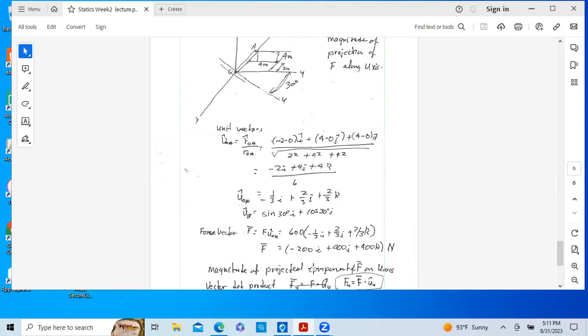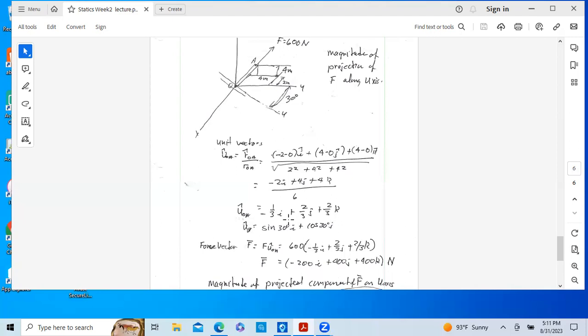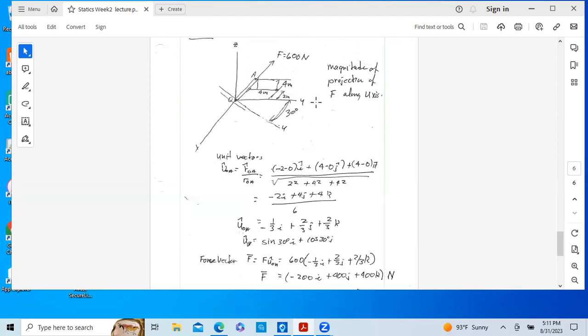So the force vector is the magnitude of the force vector times the unit vector, which we have up here. And the magnitude of the force is 600 newtons.